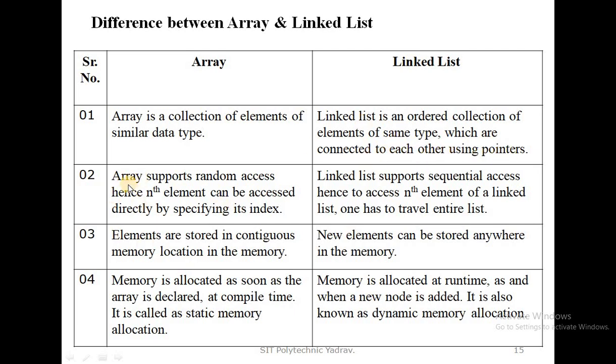Second point: an array is a collection of same-type data, and a linked list is also of the same type but connected with each other using pointers. Array supports random access, hence the nth element can be accessed directly by specifying its index. A linked list supports sequential access, hence to access the nth element one has to traverse the entire list.